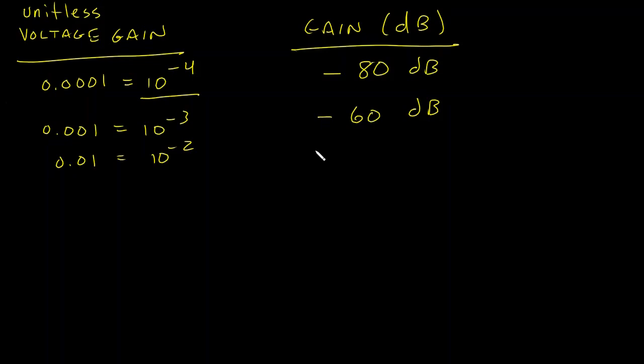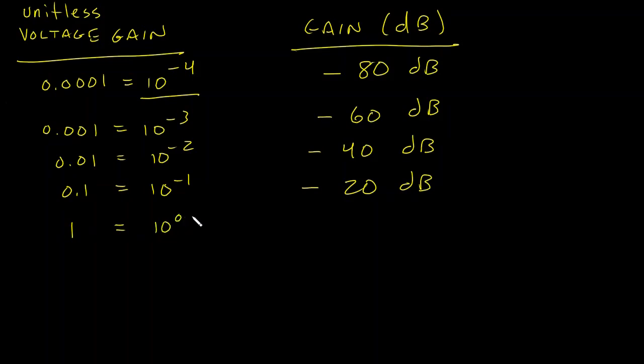Multiply that by 20, we get negative 40 dB. If our unitless gain is 0.1 or 1/10, we have 10 to the minus 1 power. Take the log base 10 of that, we get negative 1 times 20, we get negative 20 dB. Now we get to unity gain. We know that's 10 to the 0 power. The log base 10 of 10 to the 0 power is just 0, so that's going to be 0 dB.